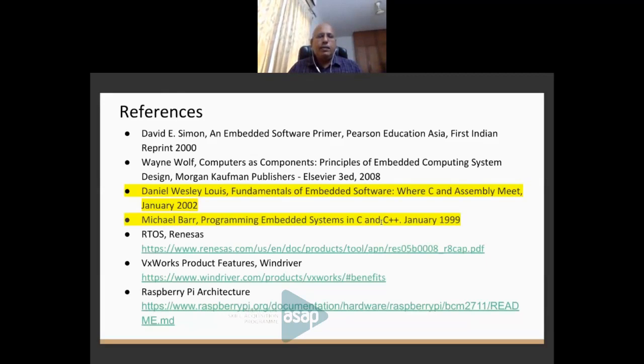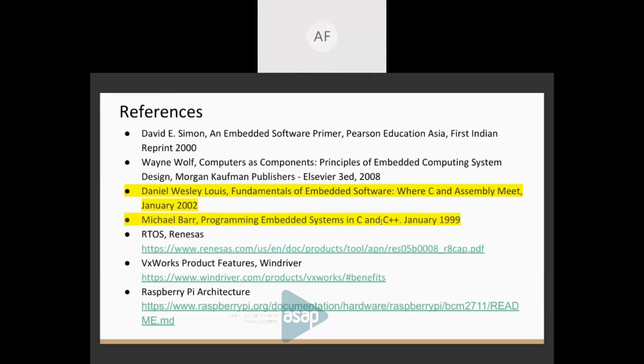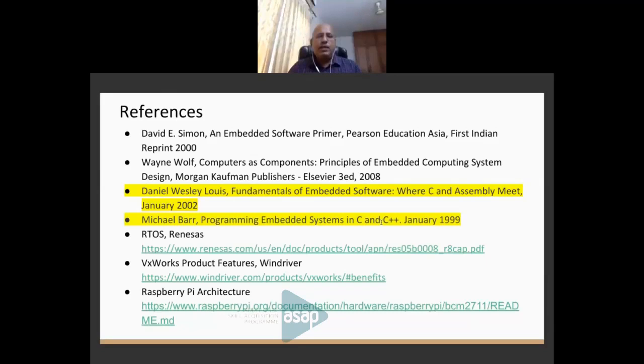Okay, so that was clear. Another question is, how can we switch from user mode to kernel mode in an RTOS? Yeah. This happens when you do system calls. As I told you, there are two kinds of programs in a system. One is the application programs, which you and I write, and the other is the operating system kernel and other things, which system programmers write.